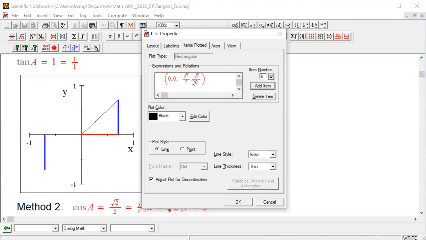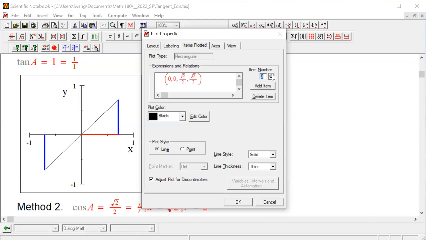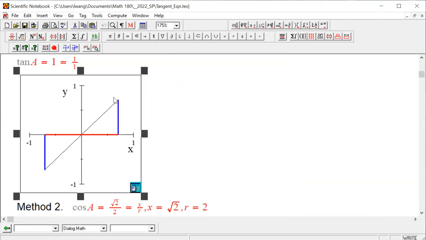Here's the other terminal. Okay. And of course, there's another red. Okay, so this is one terminal and this is the other terminal, right?